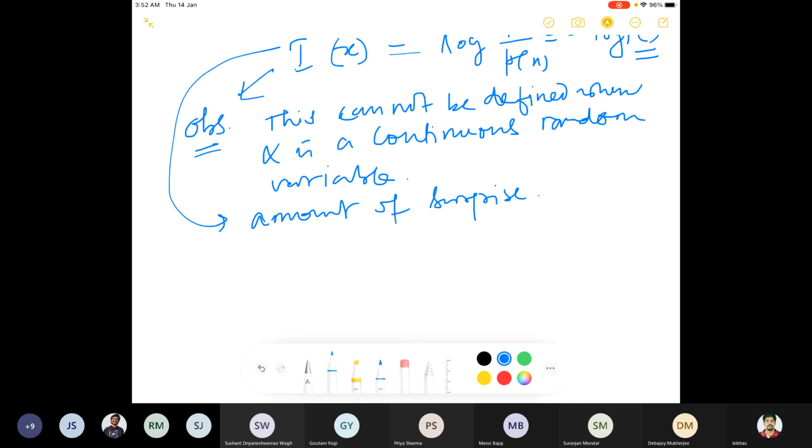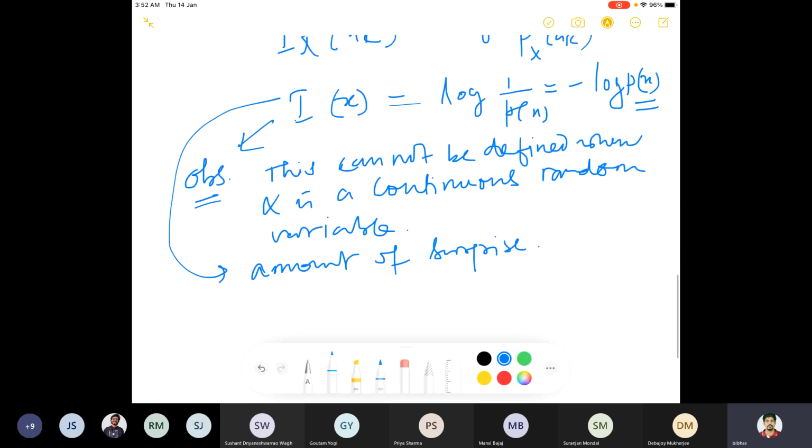Now I'll try to give a meaning of this. Do not forget that this is a positive quantity, because p(x) lies between 0 and 1. If p(x) is 0, then we'll assume that to be 0. But when p(x) is bigger than 0, then it is all defined.